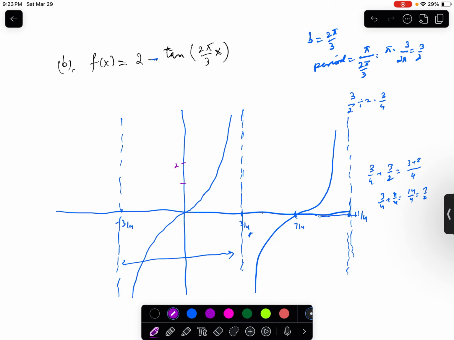So I will draw a dashed line at 2. And move all these values here. The asymptotes will just stay wherever they are.